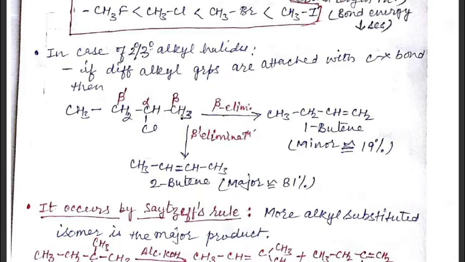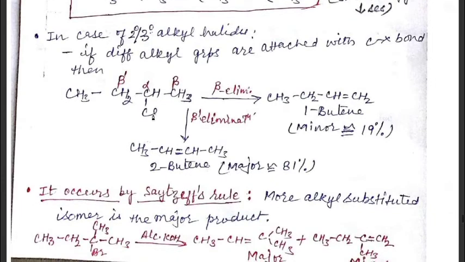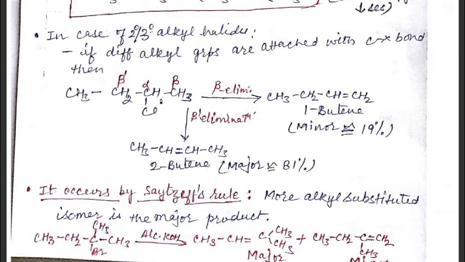So two types of beta hydrogen atoms are present in secondary or tertiary alkyl halides. So in this way, we get two types of products with respect to elimination from beta carbon atom or elimination of beta hydrogen atom, and one product with respect to elimination of beta dash hydrogen atom.